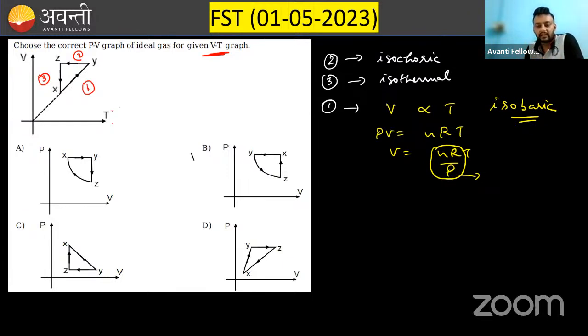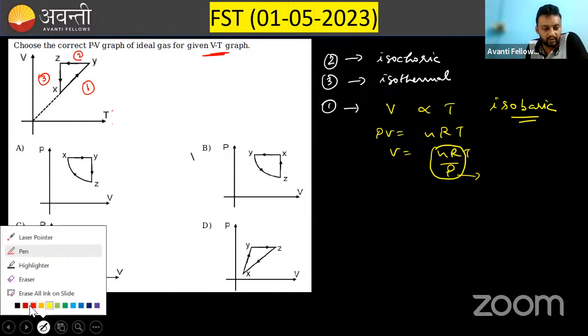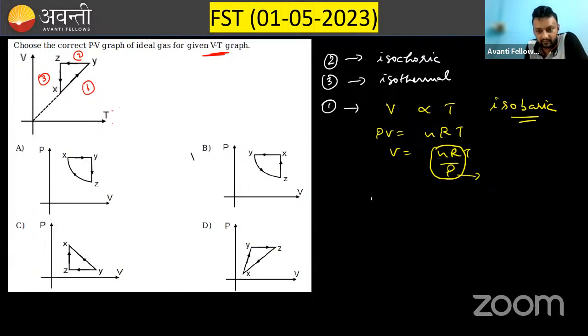We need to draw the PV graph. Let's suppose this is P and V. Now, process 1 is isobaric. That means in process 1, pressure remains constant.